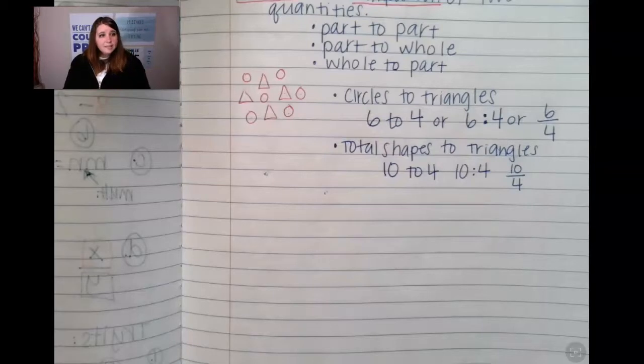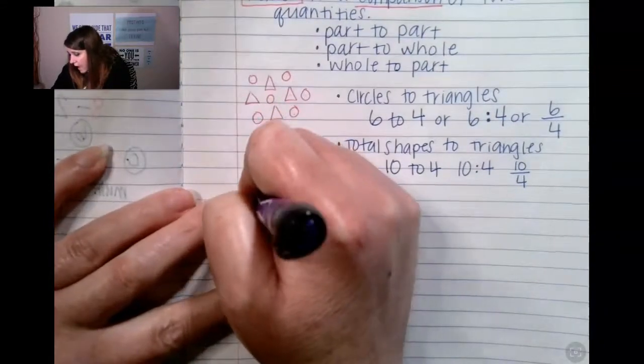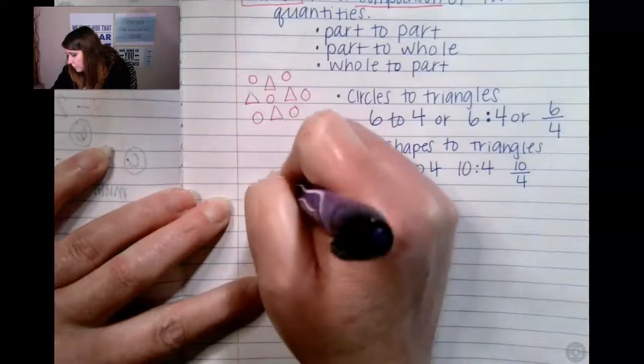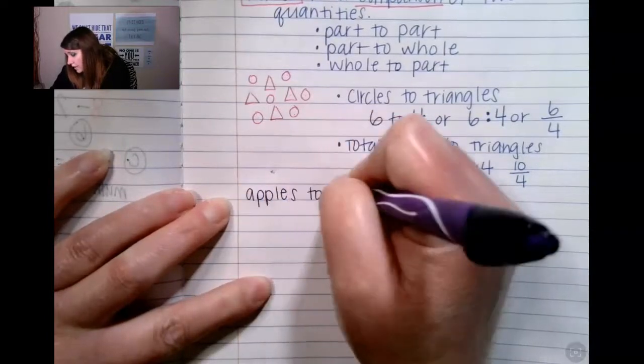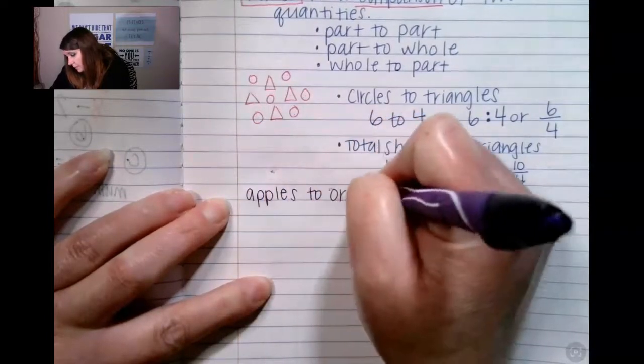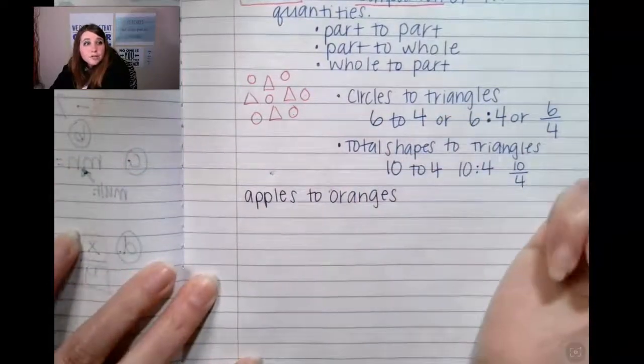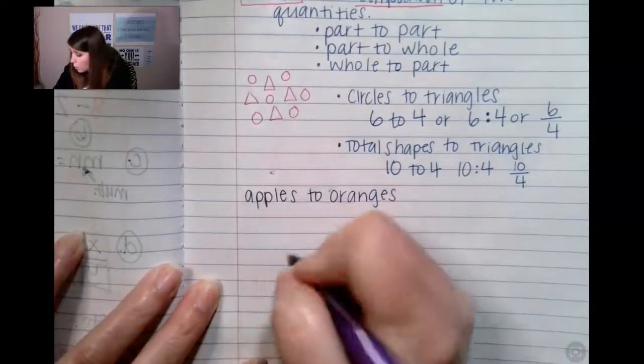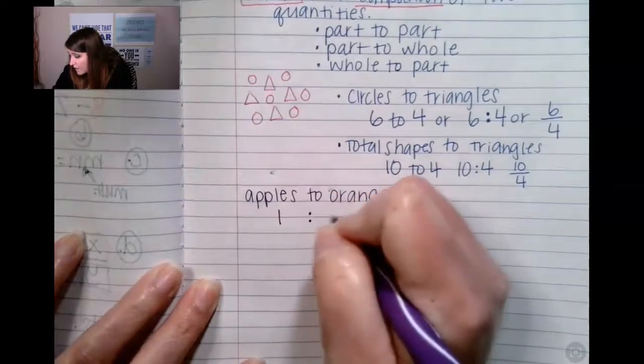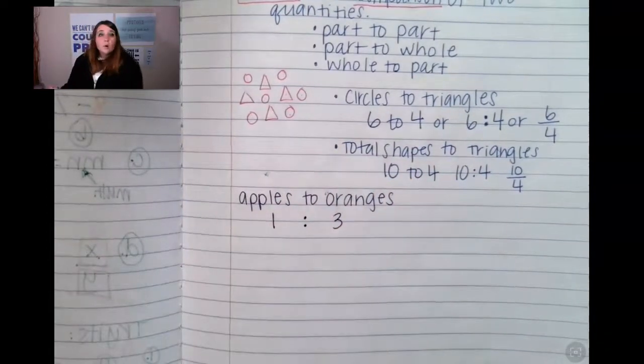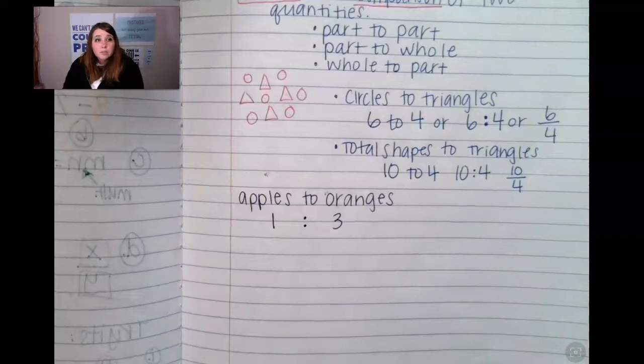Okay, let's say that I have a ratio of apples to oranges. The first ratio that I have is 1 apple for every 3 oranges, or a ratio of 1 to 3.